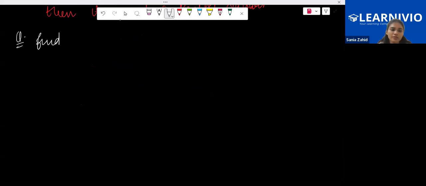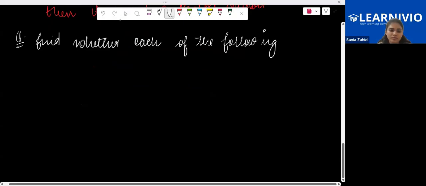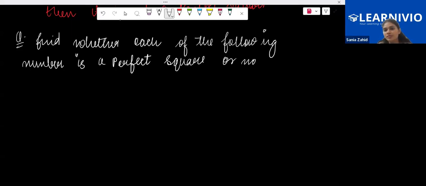Find whether each of the following numbers is a perfect square or not: 121 and 69.